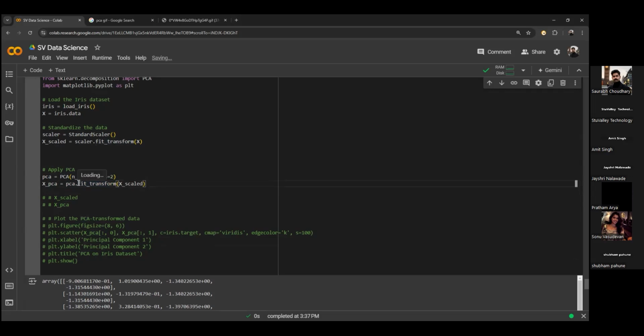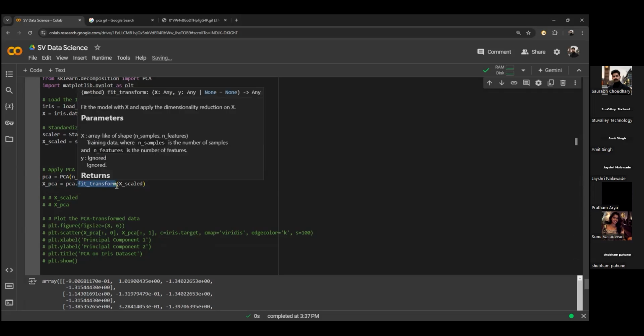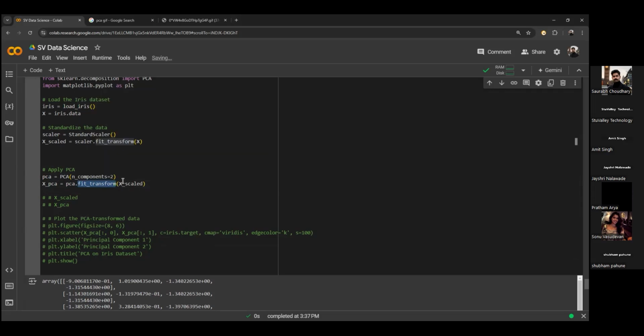So you just fit your X, all these four features. We are training our PCA on all the four features, right?